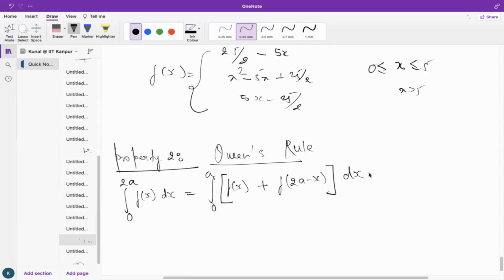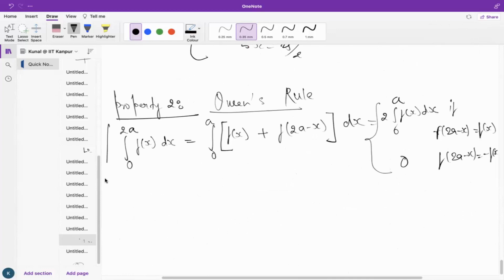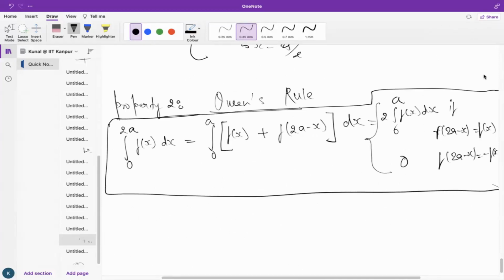And it is equal to 2 times the integral from 0 to a of f(x) dx if f(2a minus x) is equal to f(x), and equal to 0 if f(2a minus x) is equal to minus f(x). So this is Queen's rule. I hope you all understand what I'm trying to say.